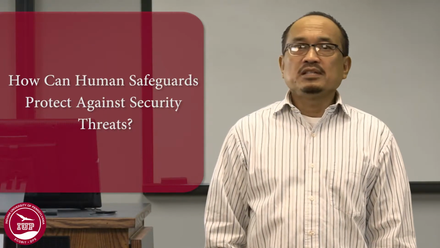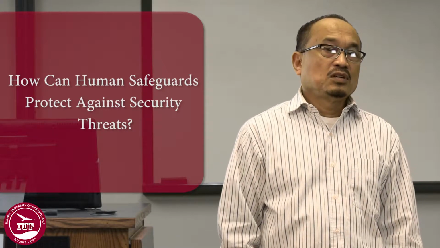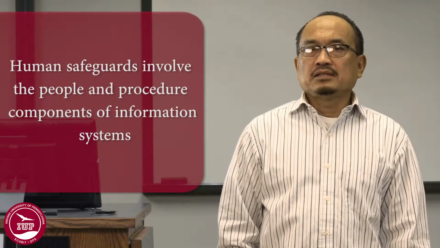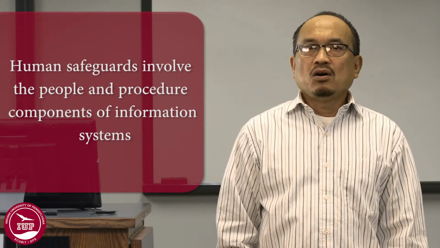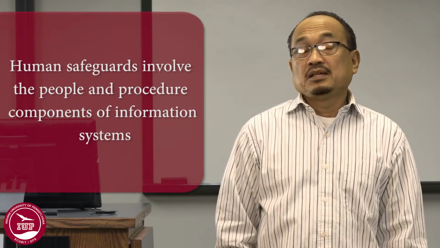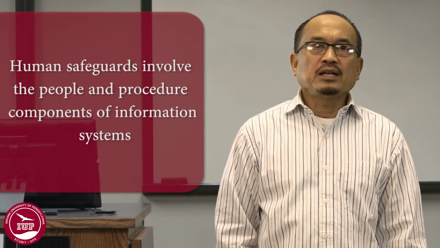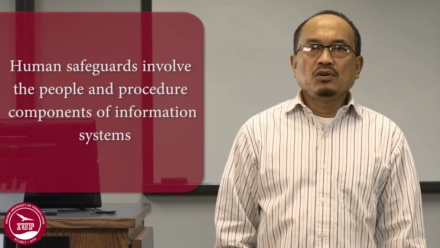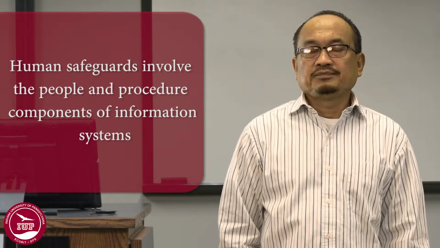How can human safeguards protect against security threats? Human safeguards involve the people and procedure components of information systems. In general, human safeguards result when authorized users follow appropriate procedures for system use and recovery.